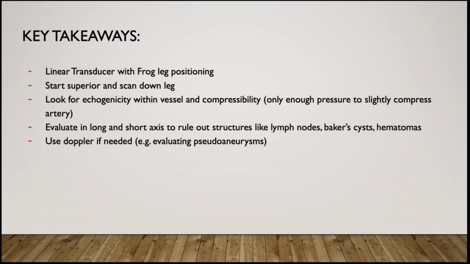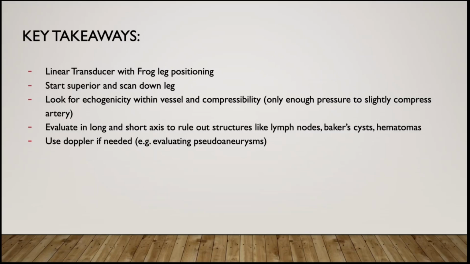Of course, start from the top and scan down, knowing your anatomy and following along that way, looking for echogenicity within the vessel, as well as checking for compressibility. So use enough pressure to slightly compress the artery, knowing that this should significantly compress the vein. And if it's not compressing, that is one of the possibilities that maybe a DVT is there.